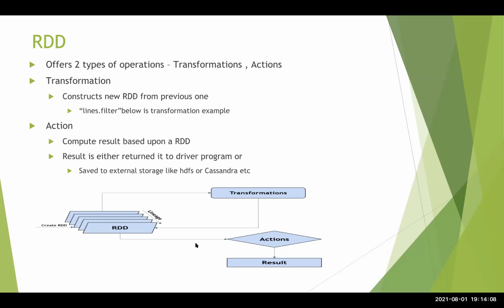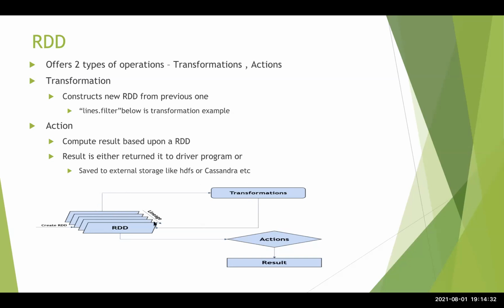The moment you trigger an action, these RDDs are lazily evaluated. So if you don't have any action, you have only transformations, then nothing will happen. The moment you have an action, the execution of the RDDs will trigger from beginning till end. What I have tried to show is that the first RDD, you do a transformation, it gives the second RDD.